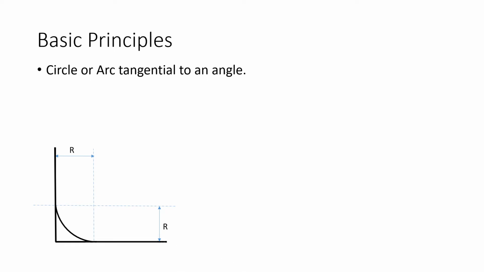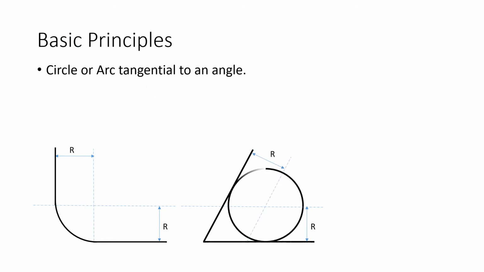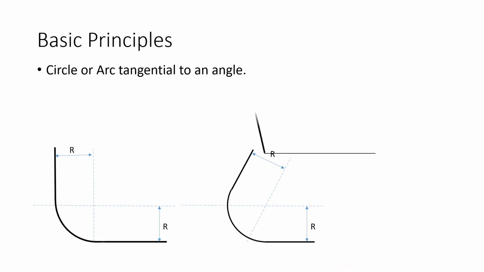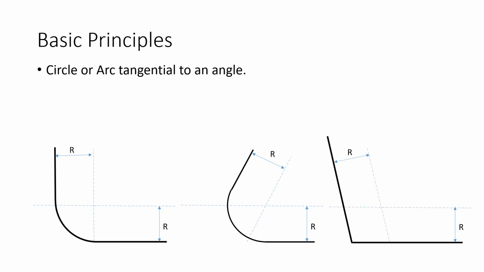And if we trim that circle, we could get a curved edge. So this works no matter what type of angle. Once you use the offset with the radius of the required circle, it would give you that circle tangential to both lines in the angle.